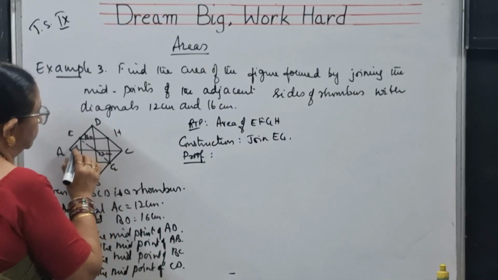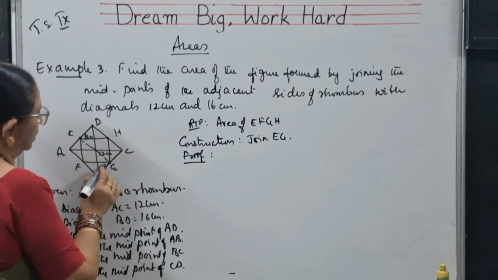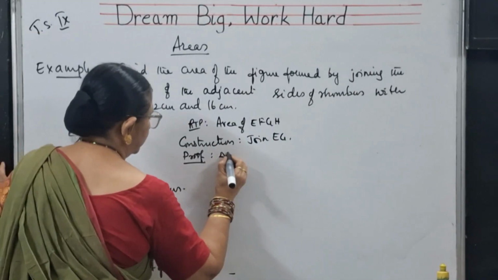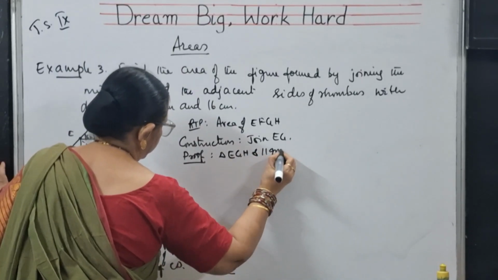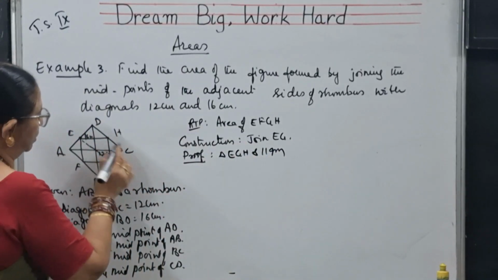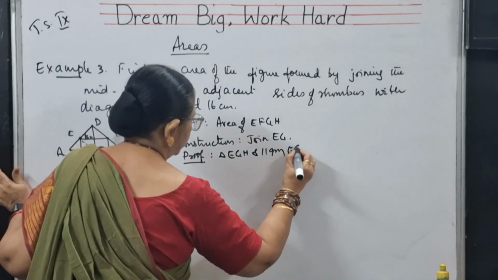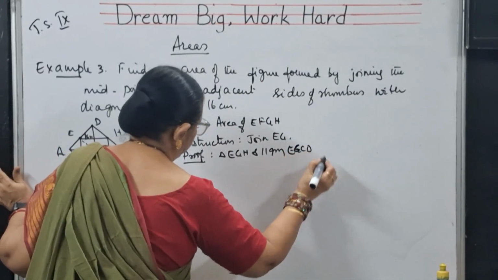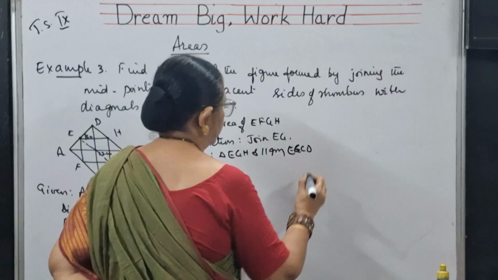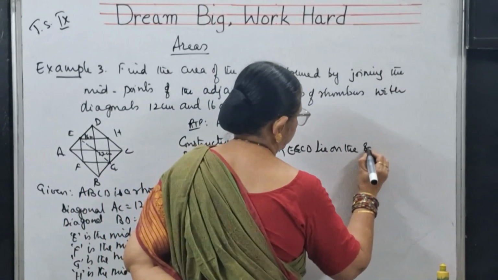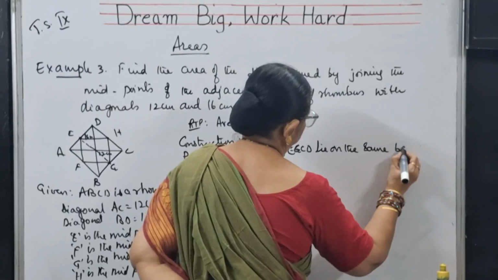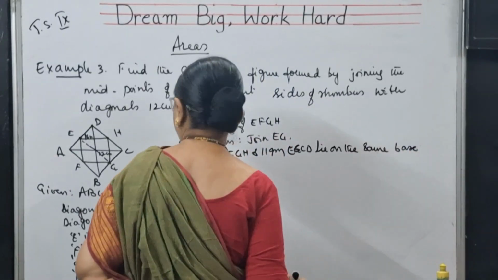See, children, triangle EGH and parallelogram EGCD lie on the same base. What is the base? EG.